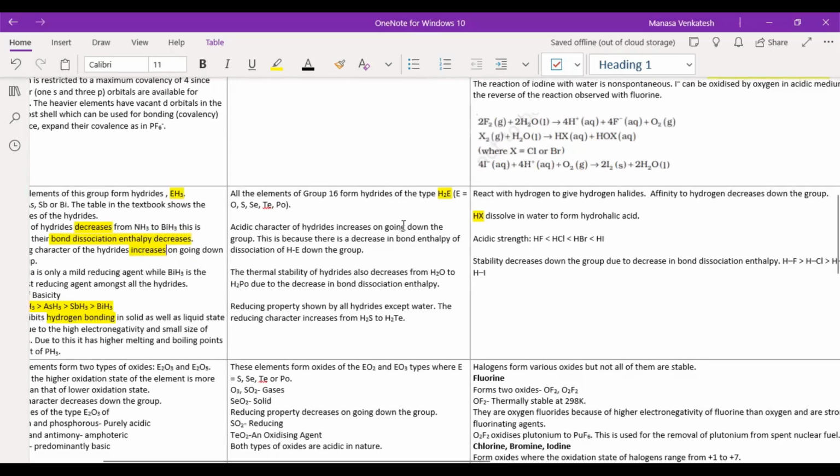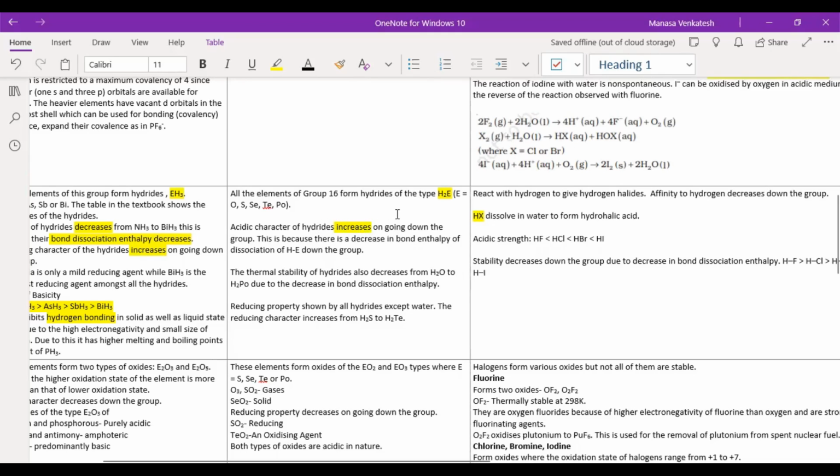So the acidic character increases as we go down the group. Now, this is again related to bond enthalpy of dissociation, which is decreasing as we go down the group. So it is easier for these compounds to donate their H+ to form acidic solutions. So the acidic character increases on going down the group.